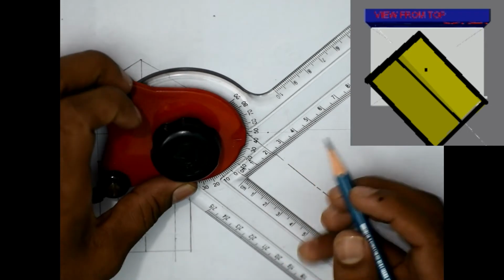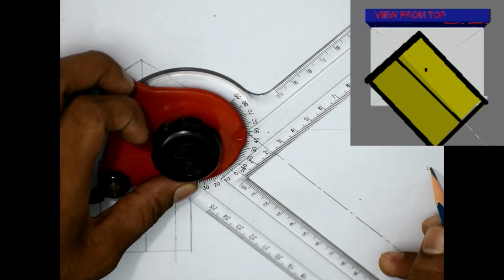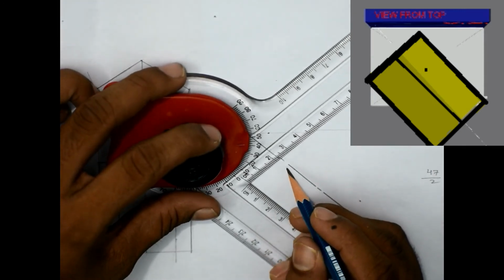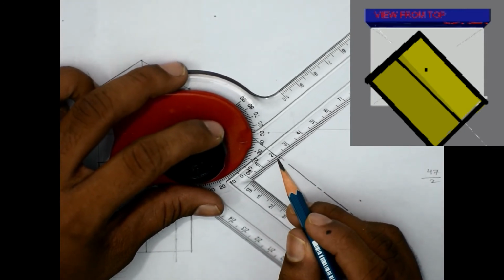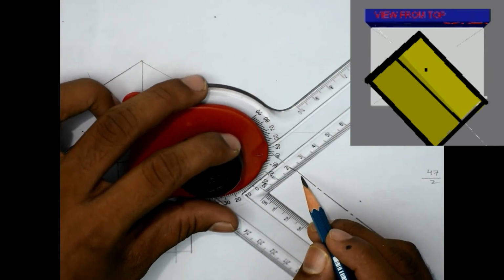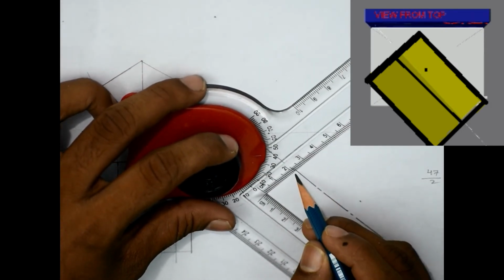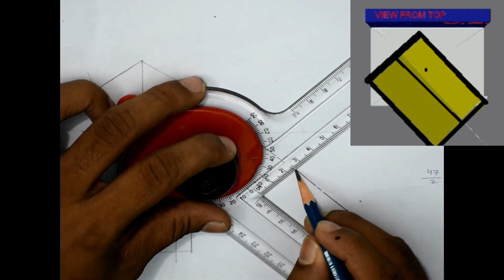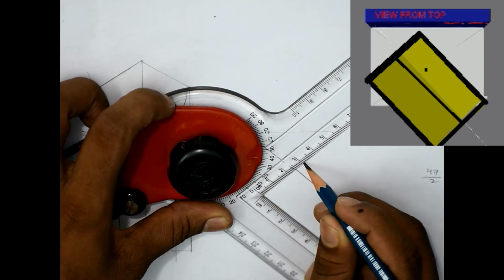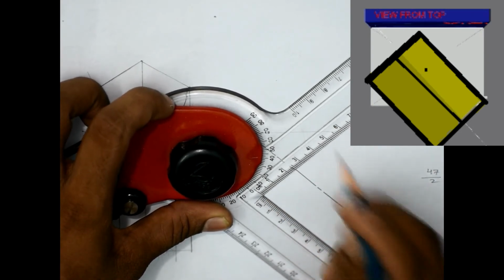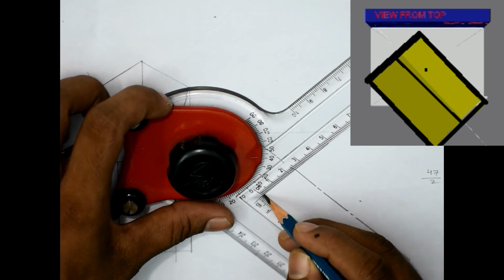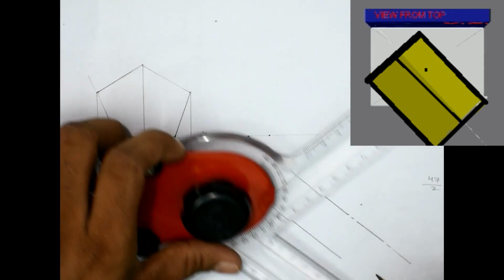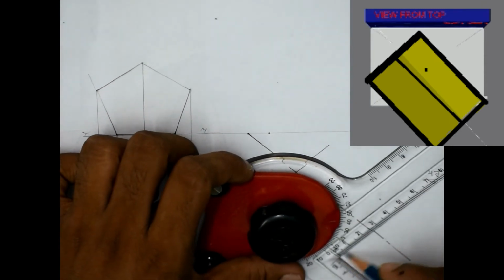The total width was 47, and 47 by 2 is 23.5. This is 20, 21, 22, 23.5. Till the end of 47. This is going to be 60. Again this is 47.